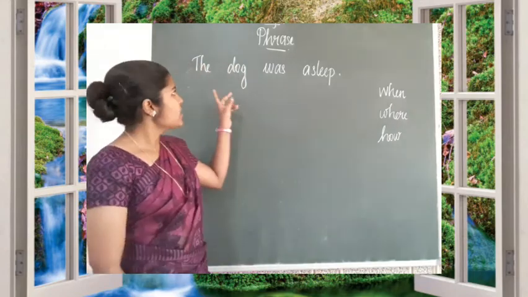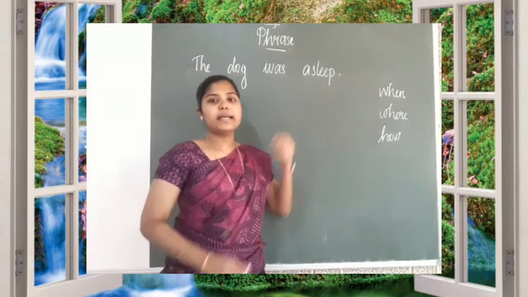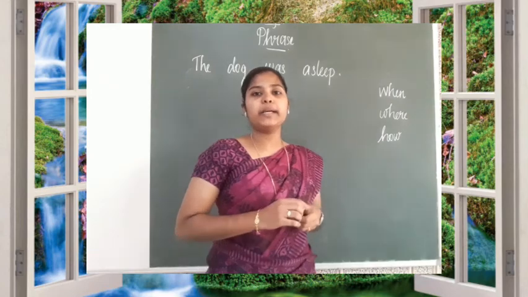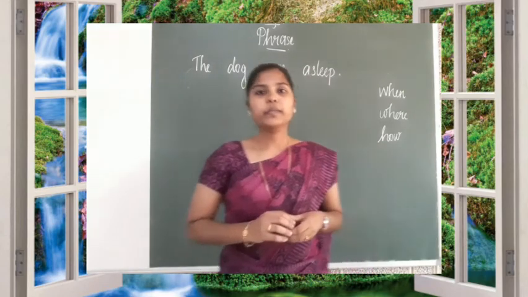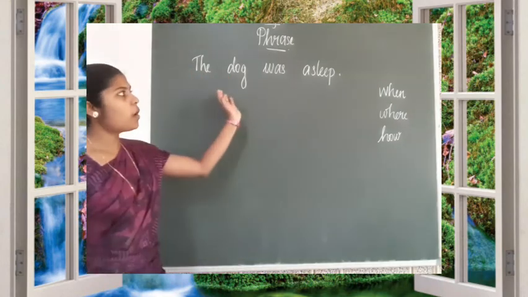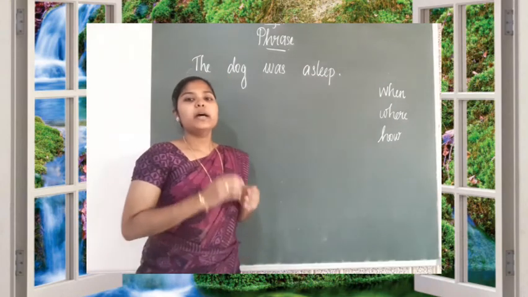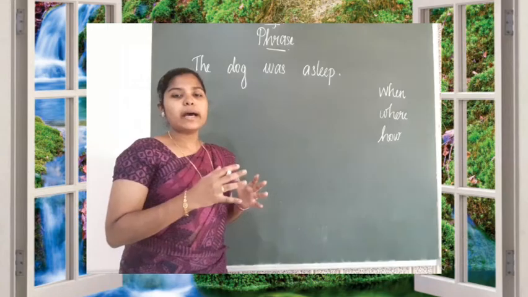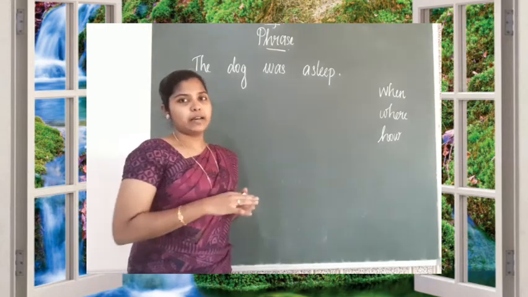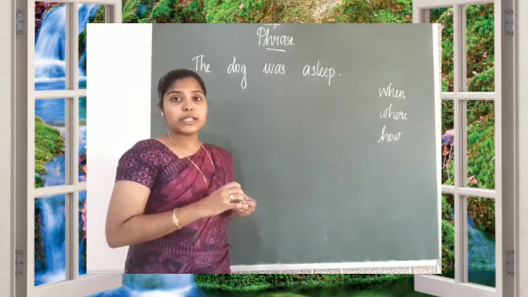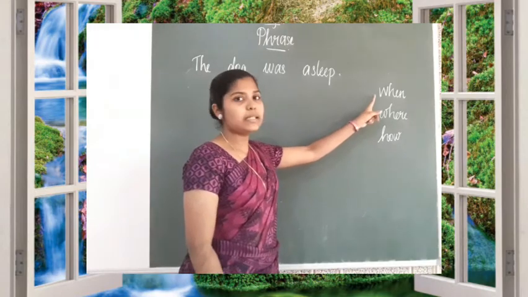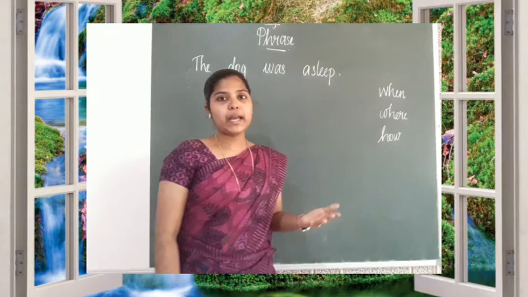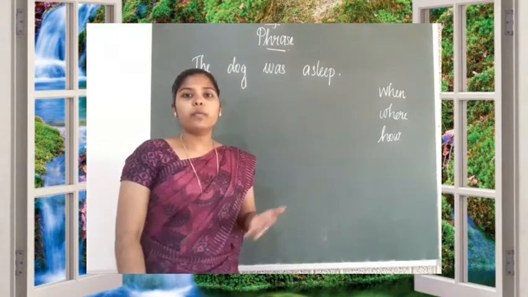Now, look at this sentence. The dog was asleep. The dog was asleep is a sentence. Is this a phrase? No, this is a sentence. Now, we are going to add a few phrases here, especially adverbial phrases. An adverb phrase answers the questions how, when, where and also why.